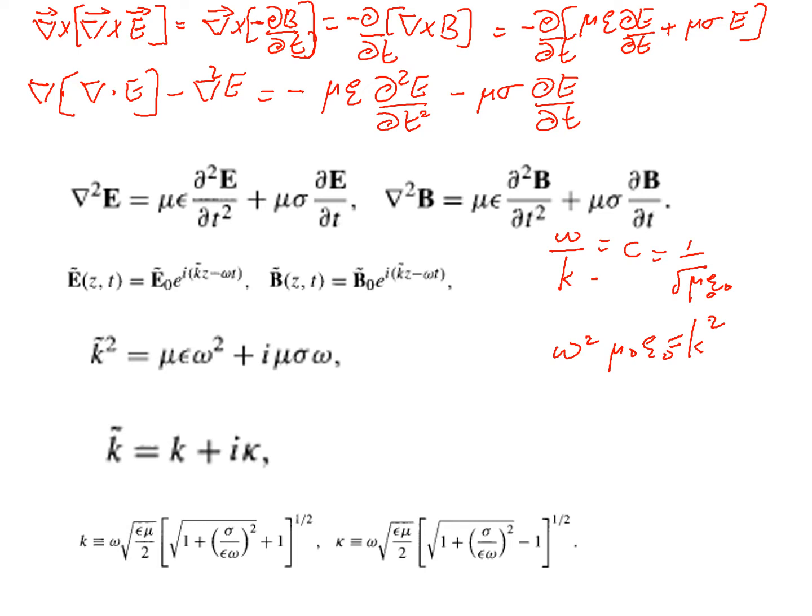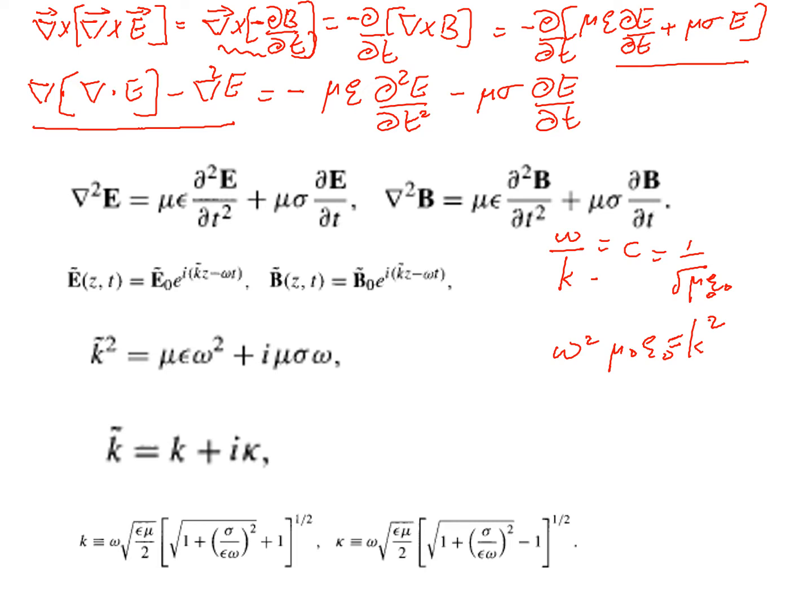Rearranging the right side, minus dou by dou t of del cross B. From the fourth equation, we can substitute for del cross B, which is mu epsilon dou E by dou t plus mu sigma E. Now the left side, del cross del cross E, we can write as del of del dot E minus del square E, equal to, on the right side, mu epsilon dou square E by dou t square plus mu sigma dou E by dou t.